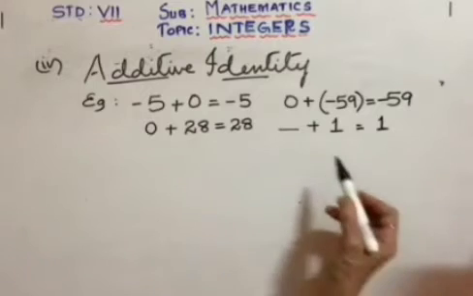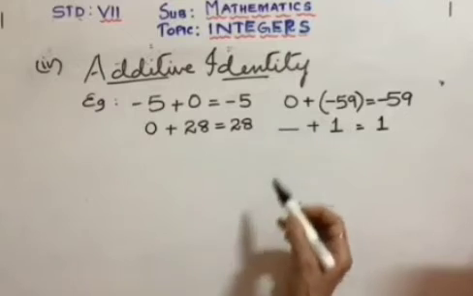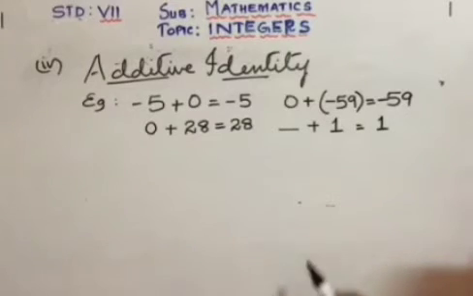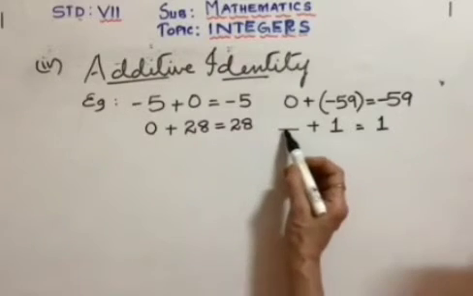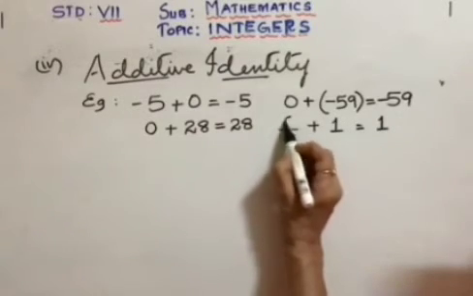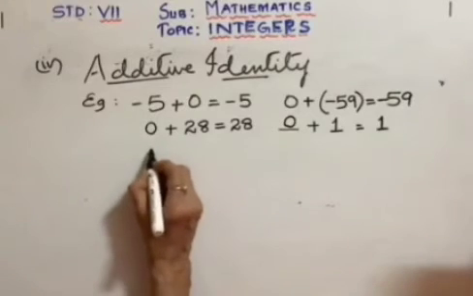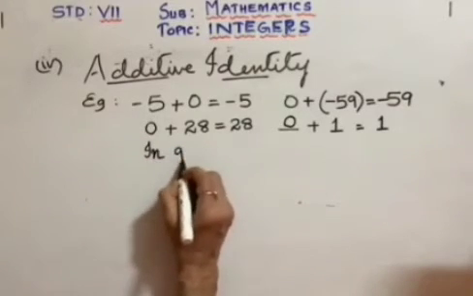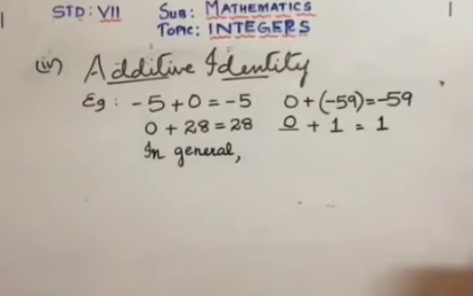Have you tried? Yes, you can see you have added something to 1, but still the answer is the number itself, the integer itself. So what should be this blank? Again, it is 0. So this property, in general, whenever I say general, children, it means we take any variable, say 0 plus m or 0 plus a or 0 plus b, whatever.